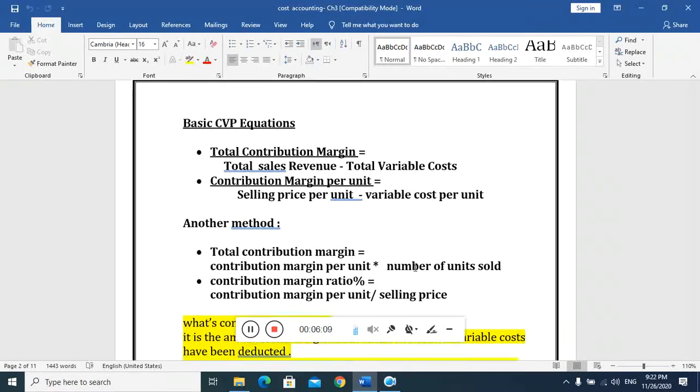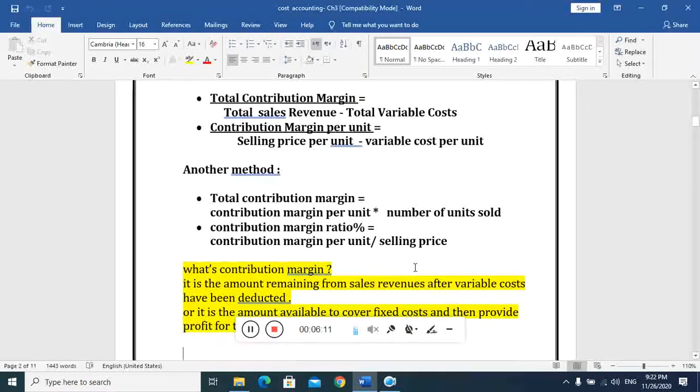Contribution margin, which I colored here in yellow, is the amount remaining from sales revenue after variable costs have been deducted.